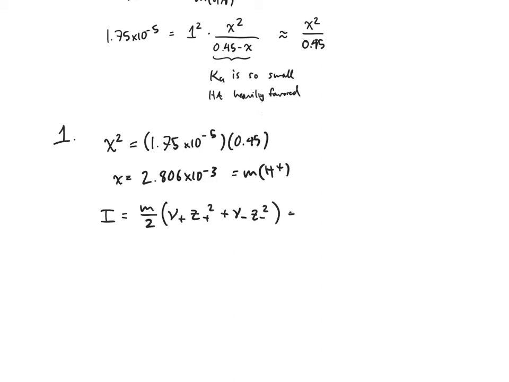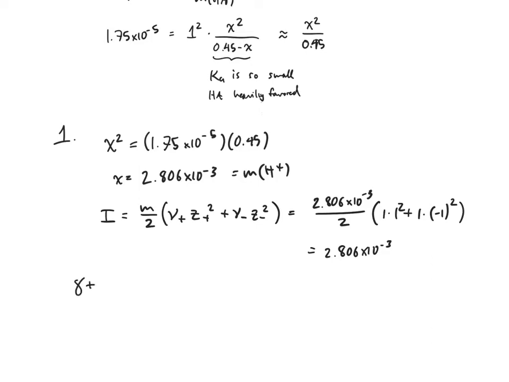And then plugging in all those numbers, our m, which is the molality of the solute that's dissolved, is just this number up here, 2.806 times 10 to the negative third, divided by 2. And then inside here we get 1 times 1 plus 1 times negative 1. Oops, I'm forgetting to square that and that. And this just equals 2.806 times 10 to the negative 3 for our ionic strength.